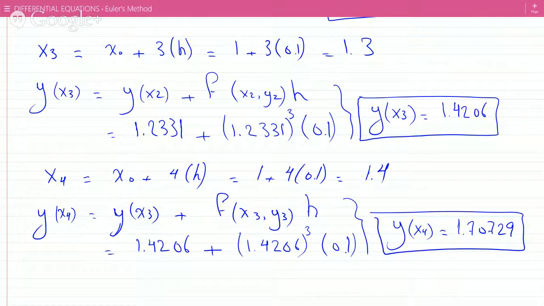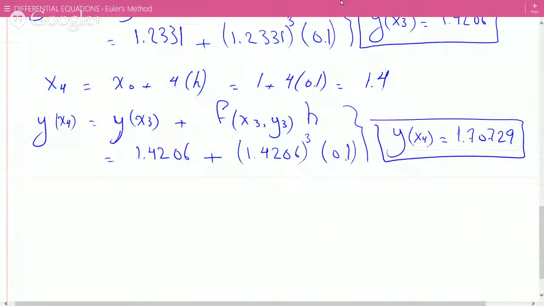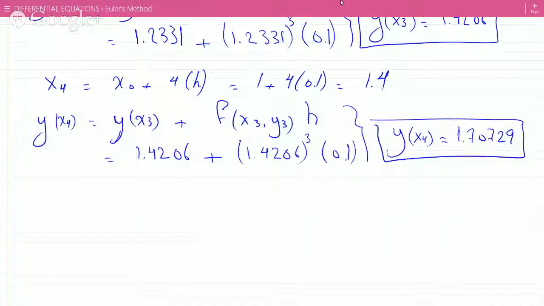Okay, so these are the values for y of x1 through y of x4.